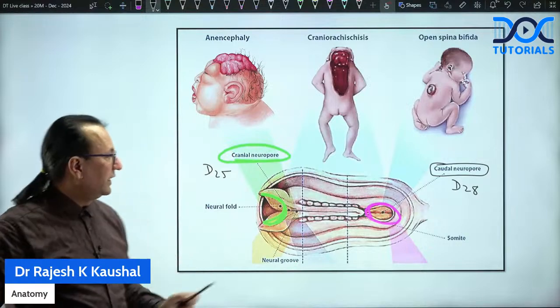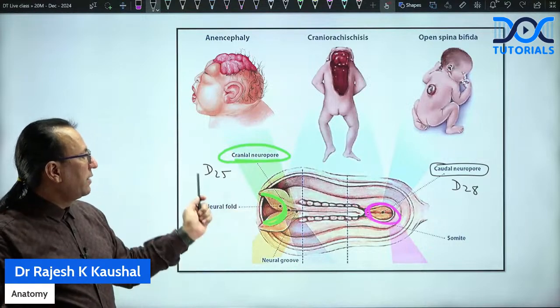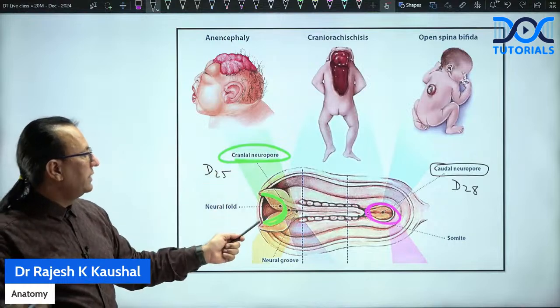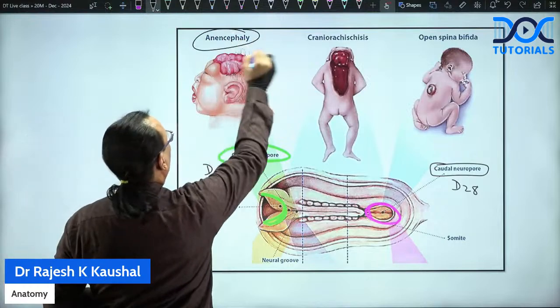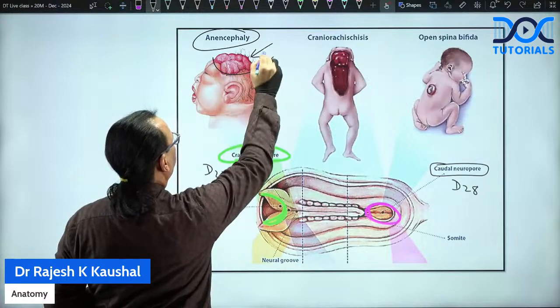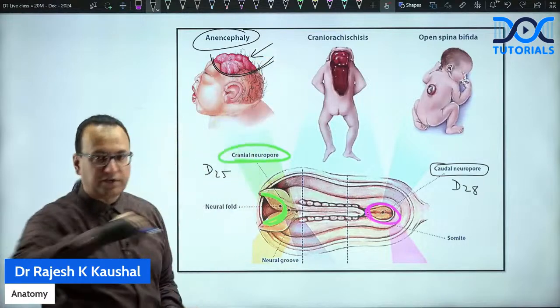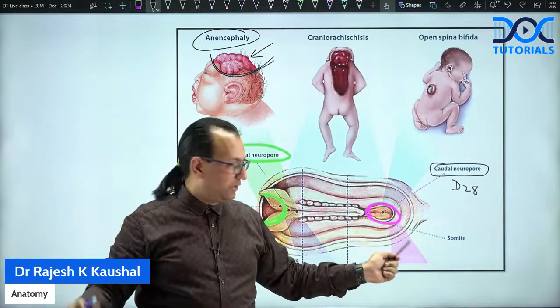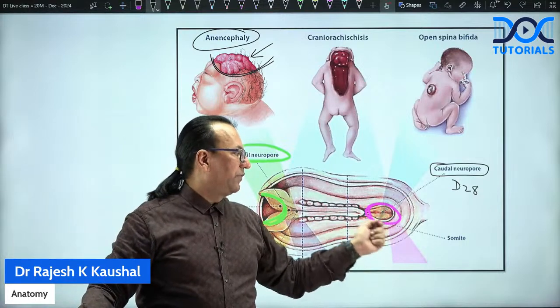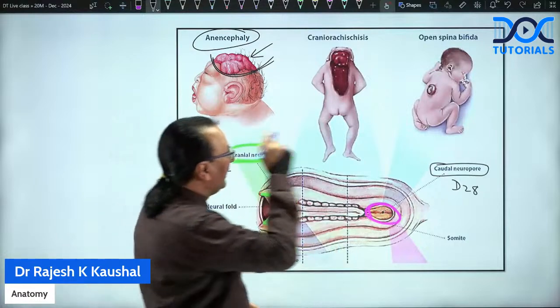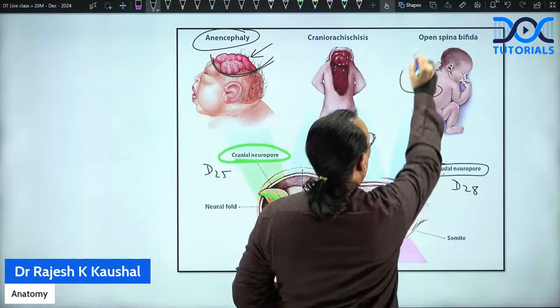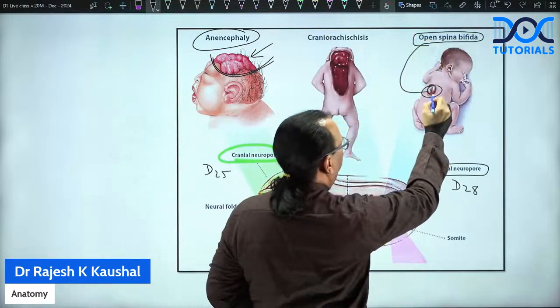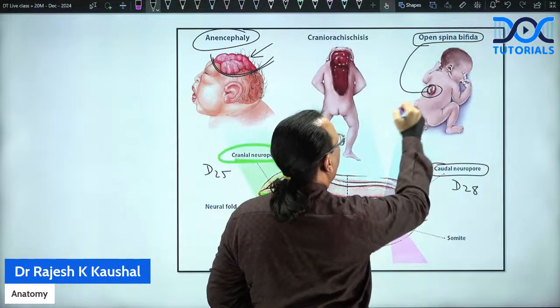FMGE questions only. The anterior neuropore should close by day number 25, and if it is not closing, then anencephaly. Small degenerated brain, skull cap missing. And day number 28, the posterior neuropore should close. If it is not closing, spina bifida problems. Like you see this. Now, what is this open spina bifida? Maybe meninges are coming out.